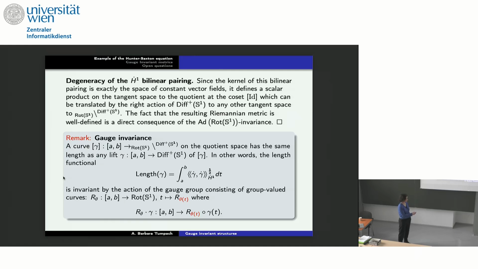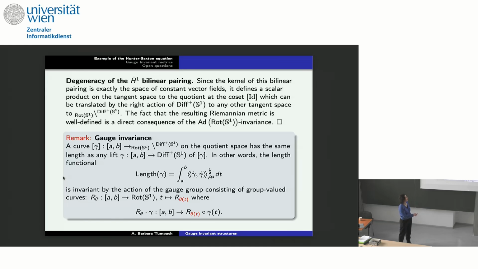So there will be two terms in the velocity of this path. One will come from the differentiation of the rotation with respect to time, and the other will come from the rotation applied to the derivative of the curve we started with.